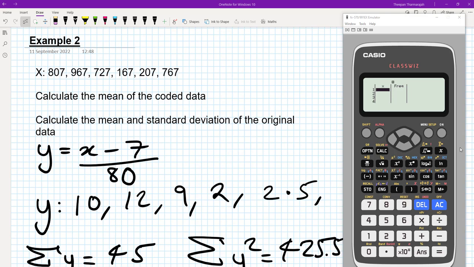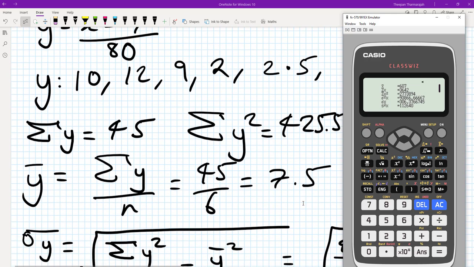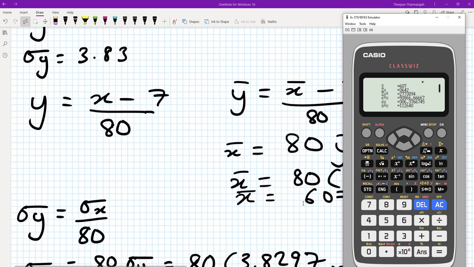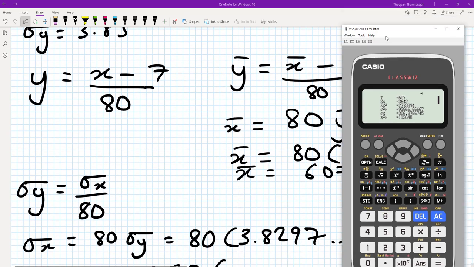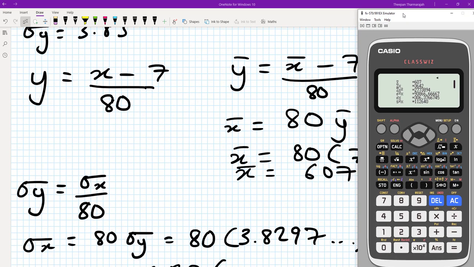We ought to check our result by typing the numbers into the calculator from the original data set. So we get 807, then 967, 727, 167, 207, 767. So if we go to AC, option, one variable calculation, we can check that the mean we got for the original data was indeed 607, and it matches the calculator.